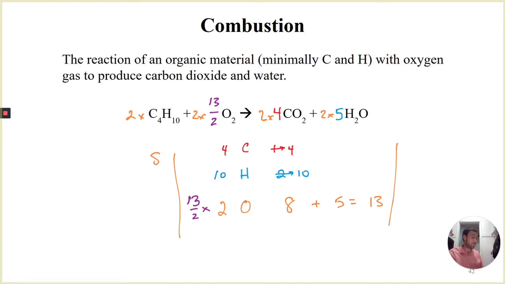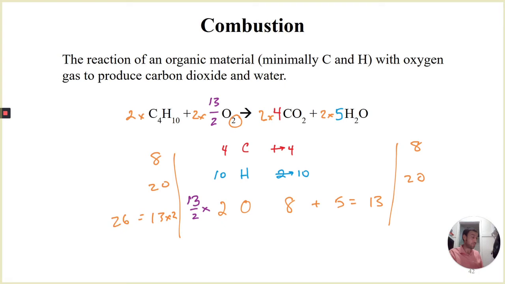Carbon still comes out as 8 on the left and 8 on the right. Hydrogen comes in as 20 on the left, and it comes in as 20 on the right. Oxygen on the left, 2 times 13 halves is 13, but there's 2 oxygens in O2, so 13 times 2 gets me 26.